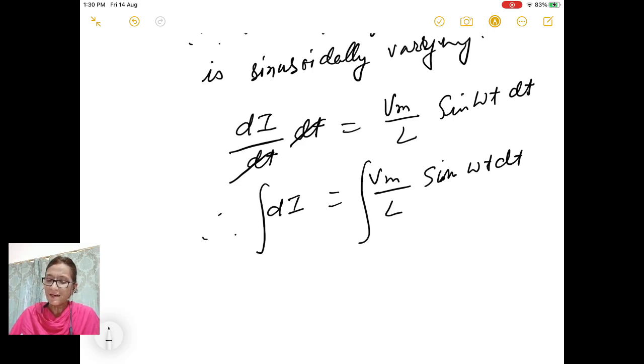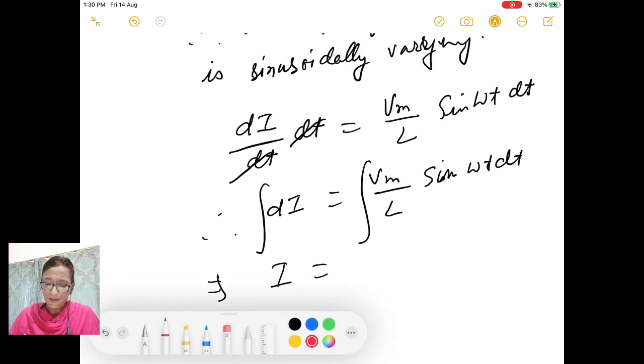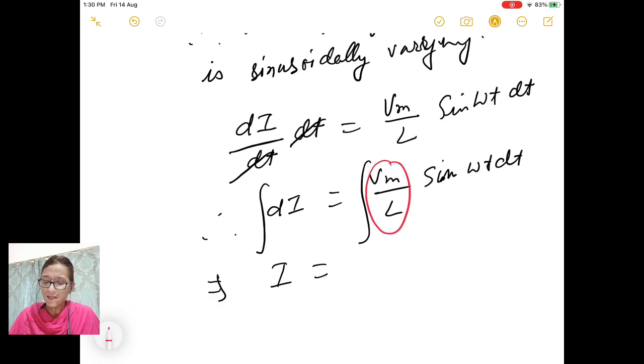So let me integrate the equation. It implies that I is equal to, this term is your constant. So let me take this out of the integration sign and let me integrate sin omega t. So the integral of sin omega t is minus cos omega t upon omega.